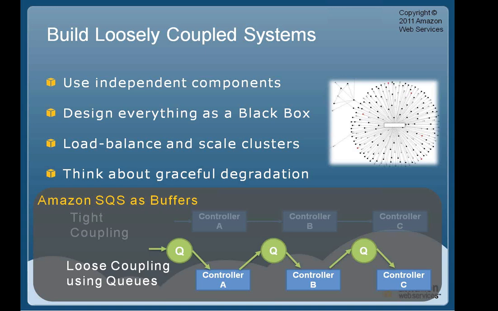Controller A will read from a queue and put its output back onto a queue, and controller B does the same, and so on. In the example where controller B were to go down, controller A and controller C can still continue to do useful work. Of course, once the queue for controller C is empty, then at that point controller C will also just be sitting around. But hopefully that gives you enough time to bring controller B back up.